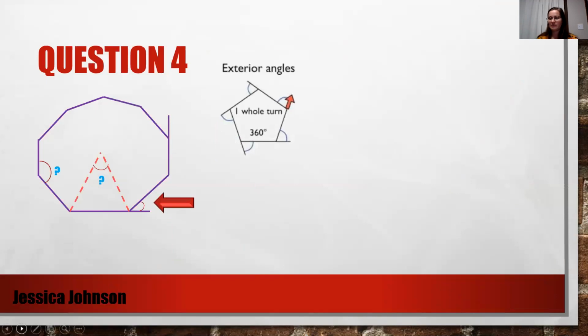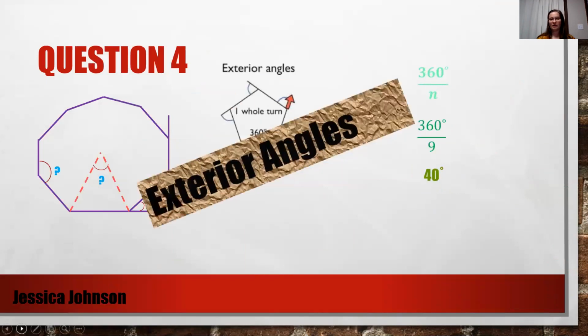To figure out the degree of an exterior angle, we use the formula of 360 divided by n. Again, the n equals 9. We only need to fill in the formula and solve. The reason why we use 360 degrees is because the sum of the exterior angles on a polygon equals 360 degrees. This is how you solve for exterior angles.